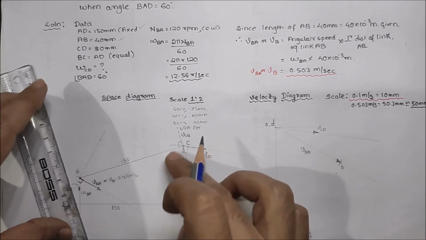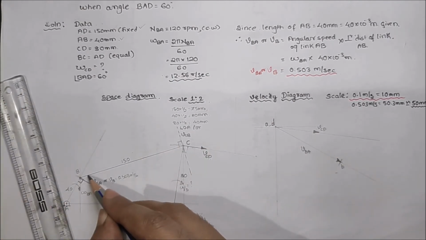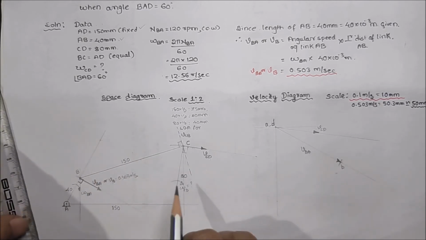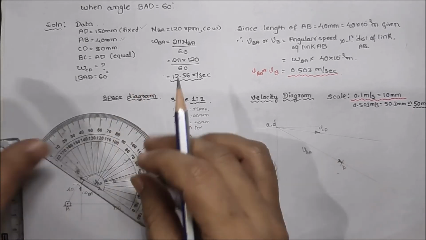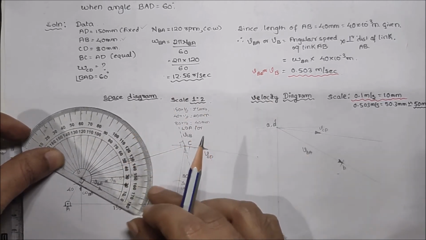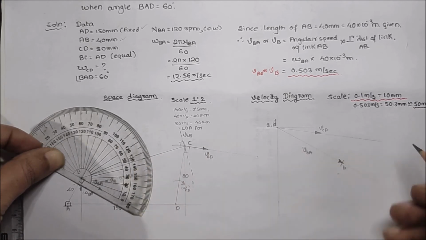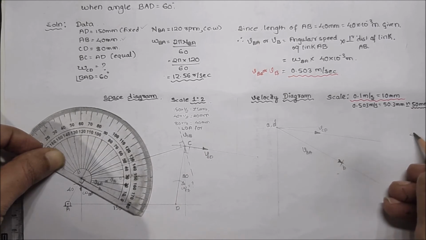We have to transfer this line. We know this angle, so measure that angle. When we measured, it is 45 degrees. So we'll write 45 here.